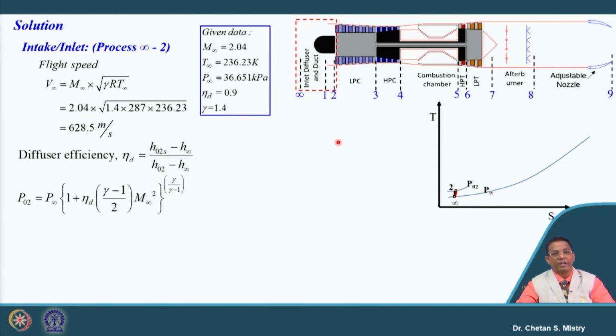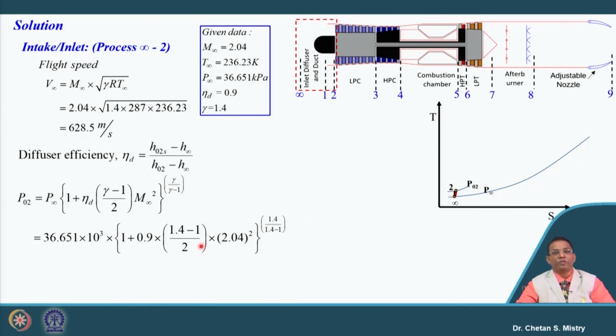We have our definition for the diffuser efficiency, and based on that we can do the calculation for the exit pressure. Since in this case the entry Mach number is known, we will be putting this number here. My free stream pressure is 36.651 kilopascal.